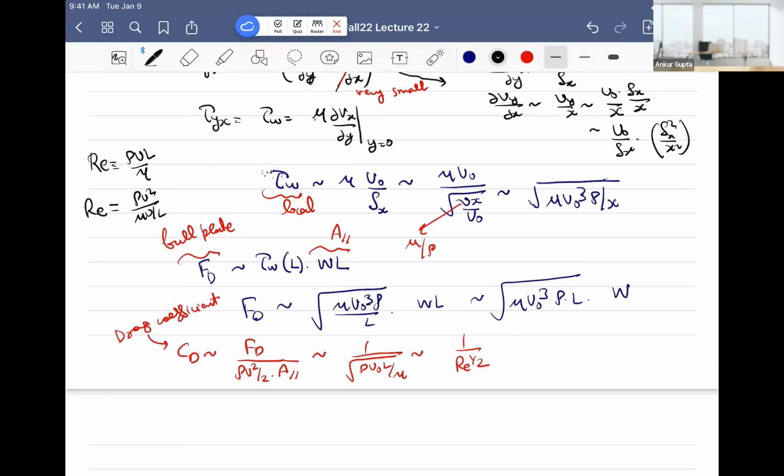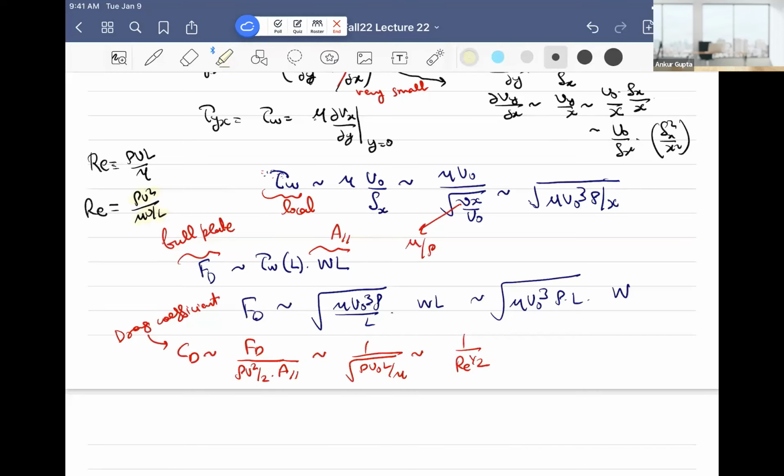If my viscous stress was dominating, then I should expect it to be proportional to U, right? So is everybody following this? This is very important. You can forget everything else, but you have to understand this physically once. Look at those two terms, rho U square and mu U by L. If it's just inertia, it should be U square. If it's just viscous, it should be U.